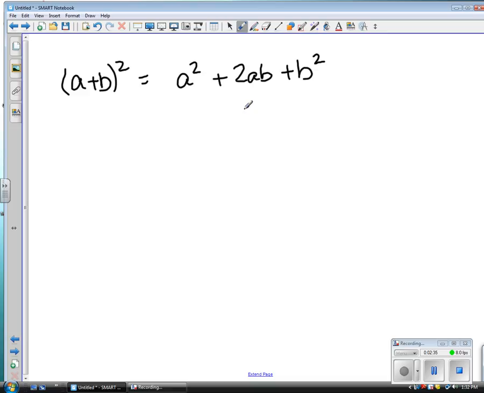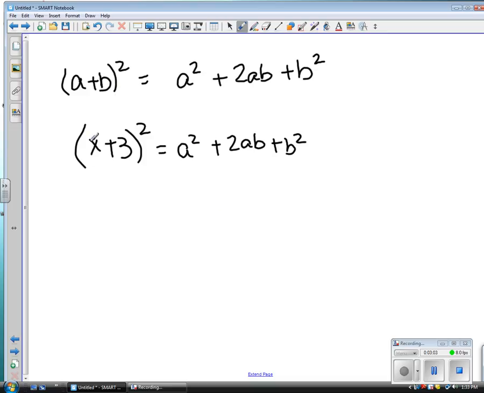So, my first one was x plus 3 squared. If you want to write it right there, I'm fine with that. a squared plus 2ab plus b squared. Now, the reason they did a's and b's: a is my first term in the binomial, b was my second.